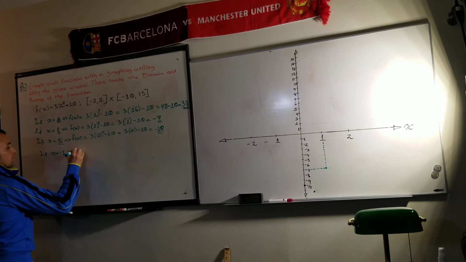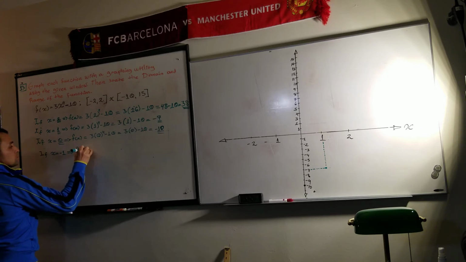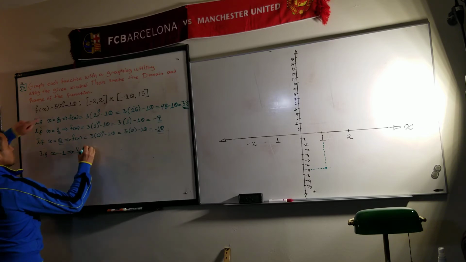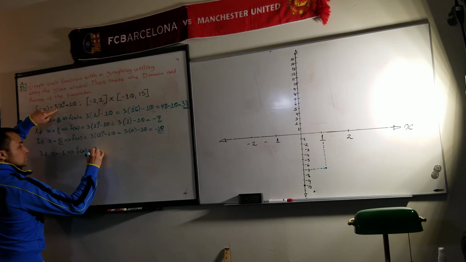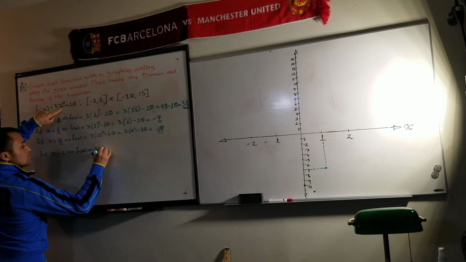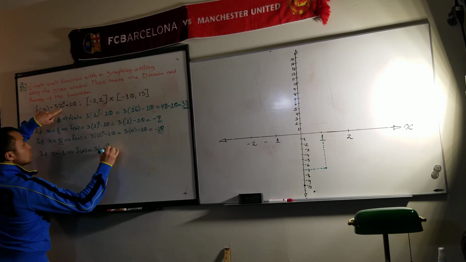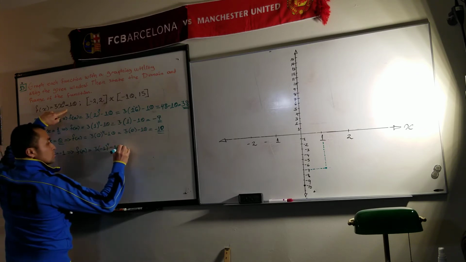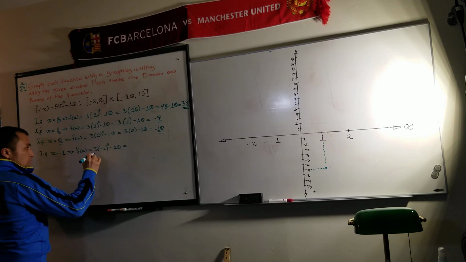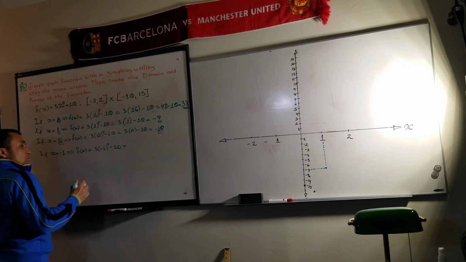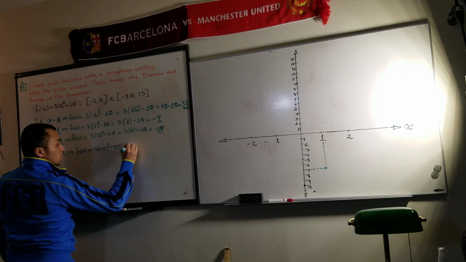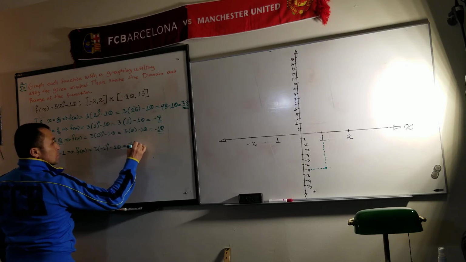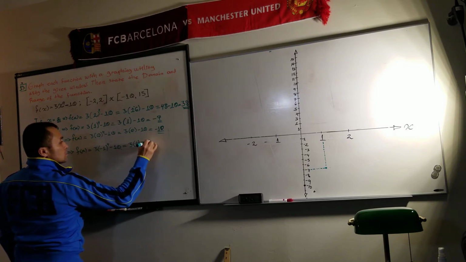Then we are going to have that f of x will be equal to 3 times (-1) to the 4 minus 10. And that will be equal to (-1) to the 4, that is 1, in other words, 3 times 1 minus 10.